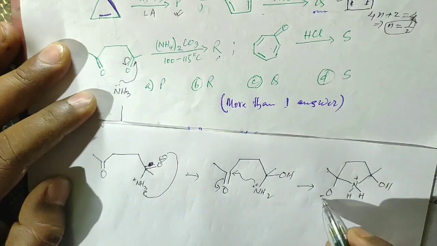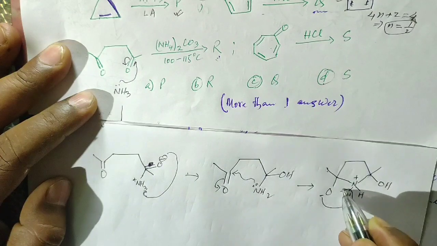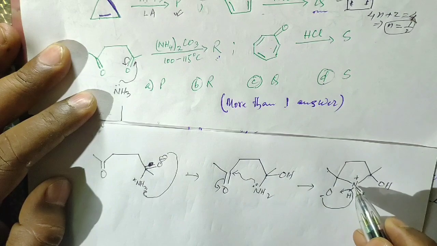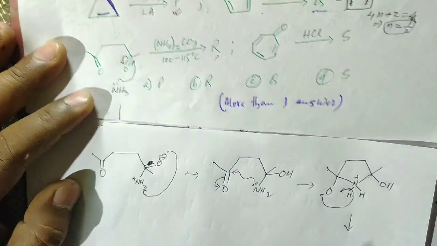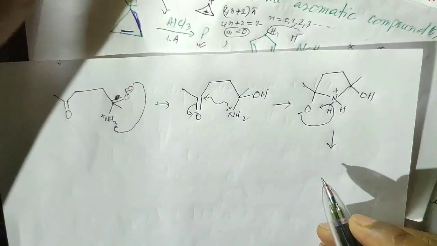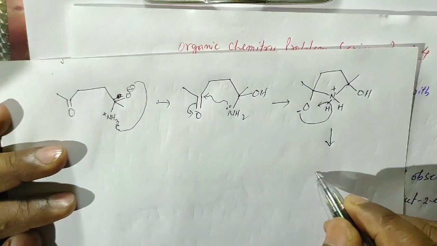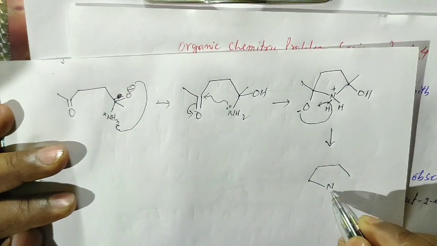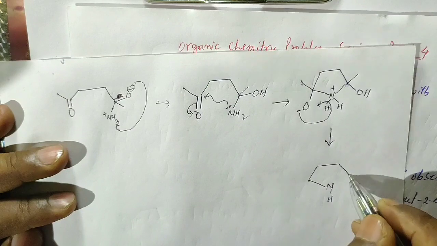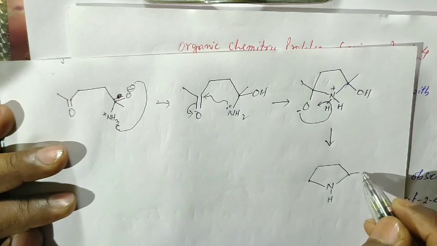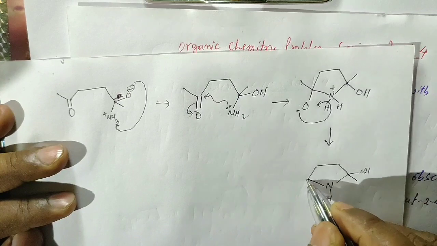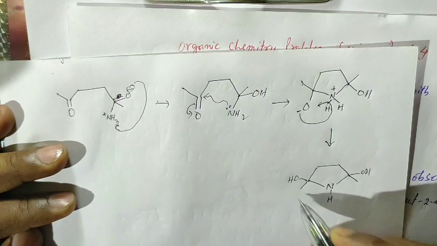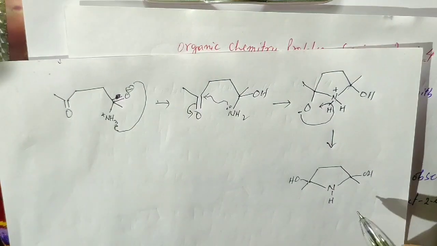Now this O minus will again abstract one hydrogen from the nitrogen atom as base. These two electrons will again go to this nitrogen atom to form this structure, NH, one hydrogen is left, this is methyl and OH, and one methyl is here. Like this will be our product.